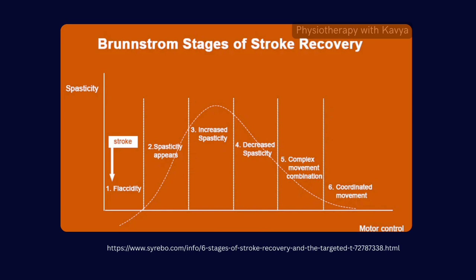You can see initially there's flaccidity and zero spasticity, then spasticity appears, there is the peak of spasticity, then it will decrease and complex movement combinations appear, and then we have coordinated movement. So this is a great way to remember Brunnstrom stages of stroke recovery. The links to the original images are given below each image, so you can go and check them out further.